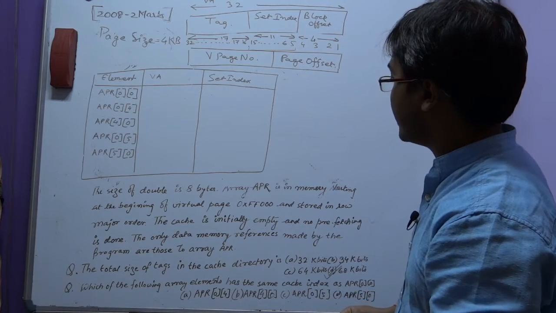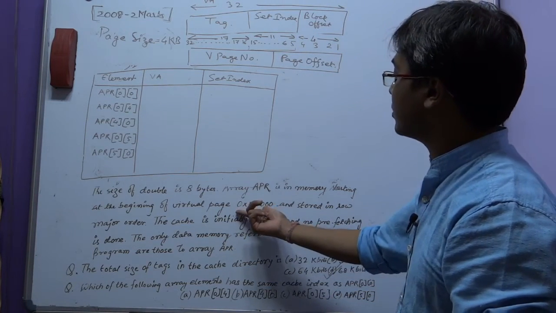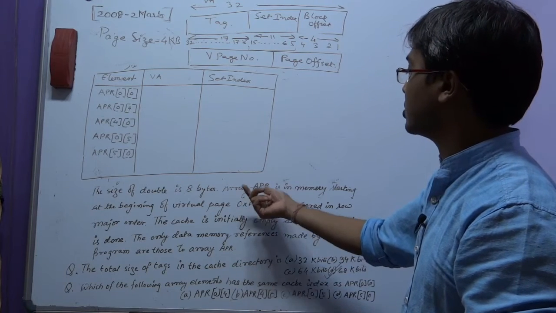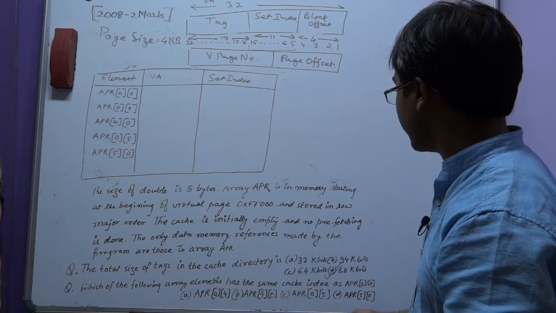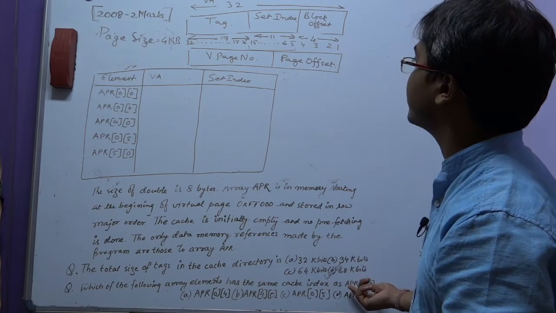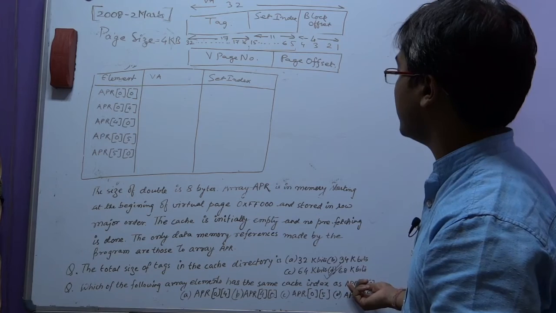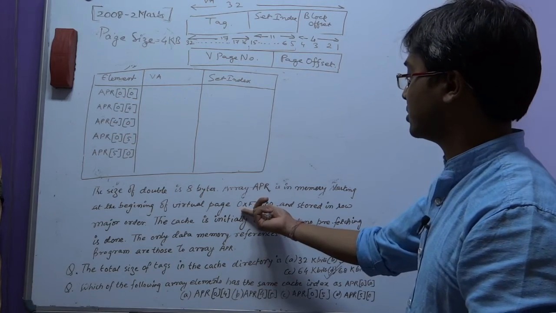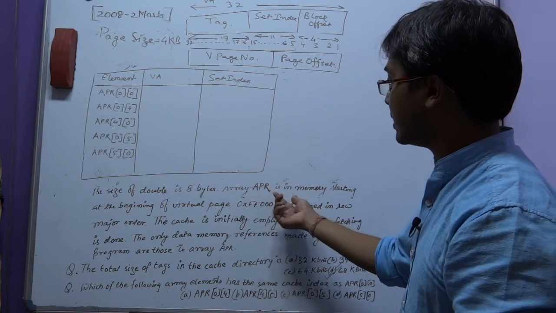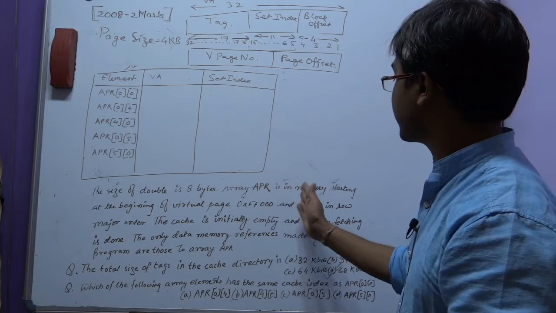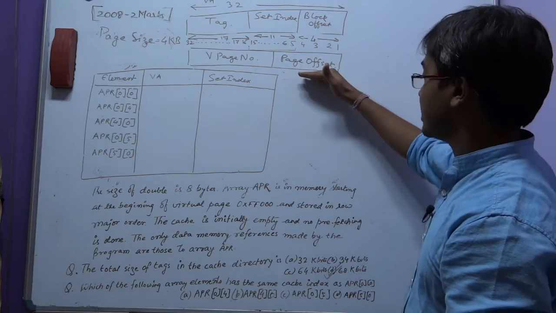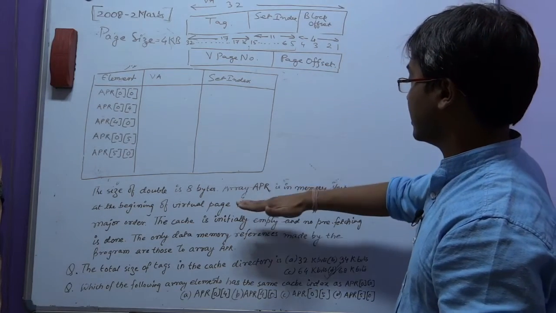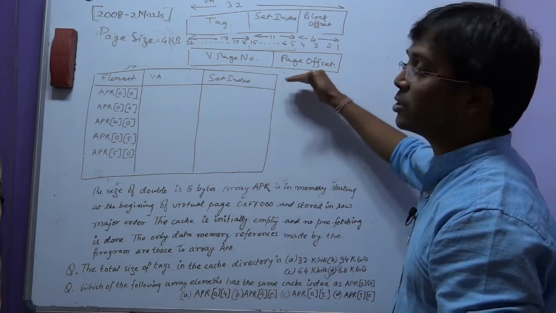So what is given here is the virtual page number of the first virtual page in which the array APR is stored, and definitely APR00, as the first element of the array, would be stored in this page, right? It is also given that the array is starting from the beginning of the virtual page. That means the page offset of the first element is 0, 0, 0.